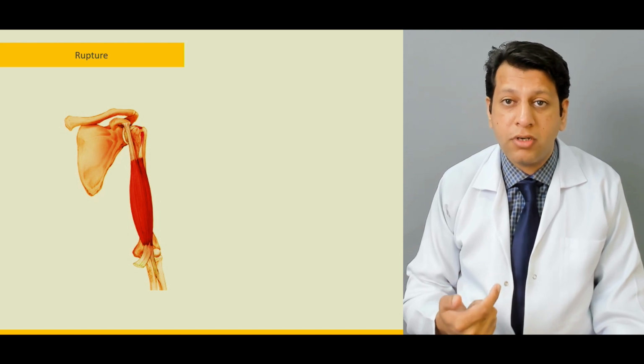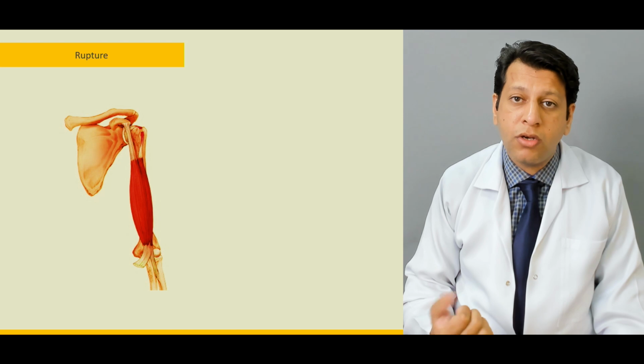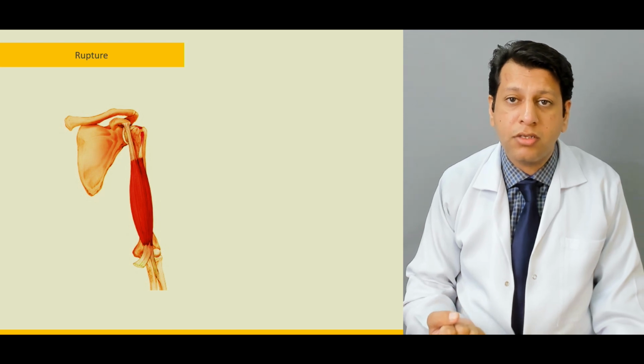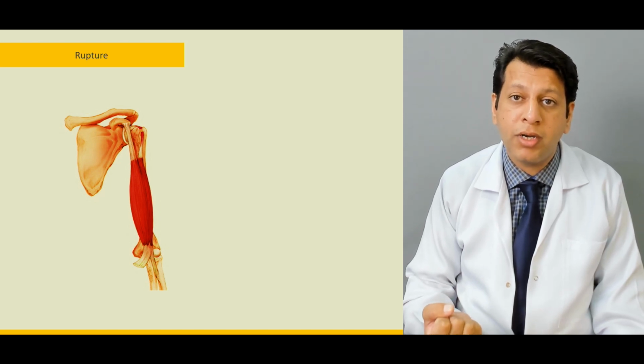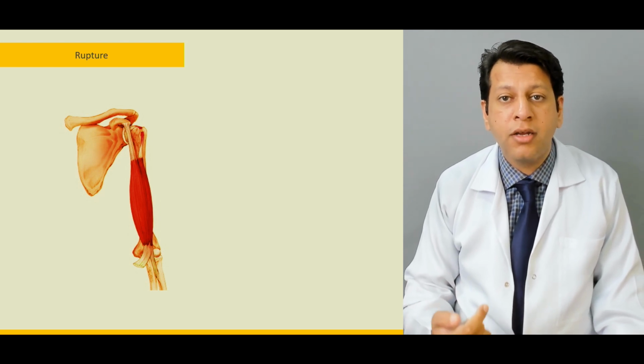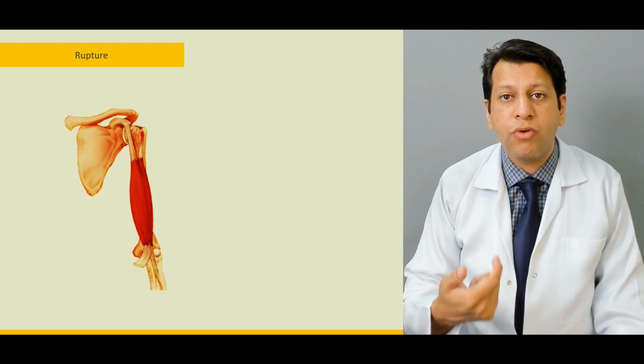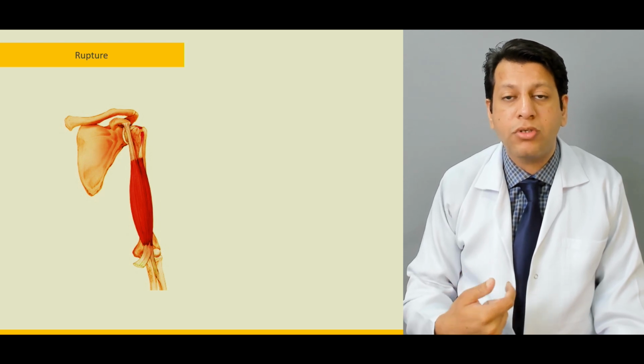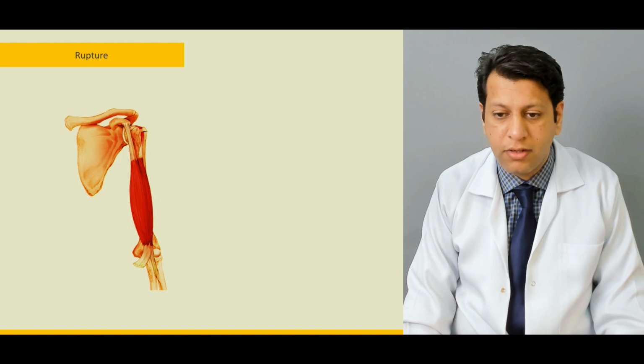But if it is ruptured, first of all, there will be no supination against resistance because the patient will be unable to do it. And if the forearm is passively supinated, you cannot hook your finger below the tendon because the tendon would probably be ruptured.